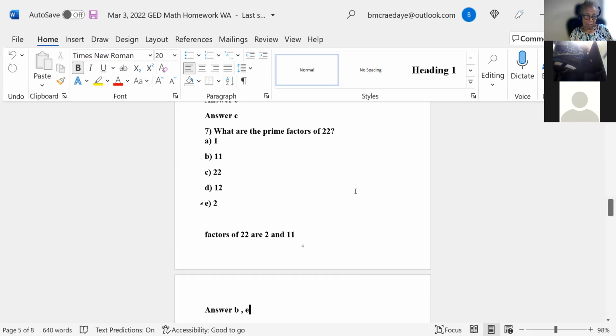When you factor 22, you got 2 and 11. 2 is a prime number, 11 is a prime number. So you look at your list here and you have 2 as E and 11 as B. So answers B and E.